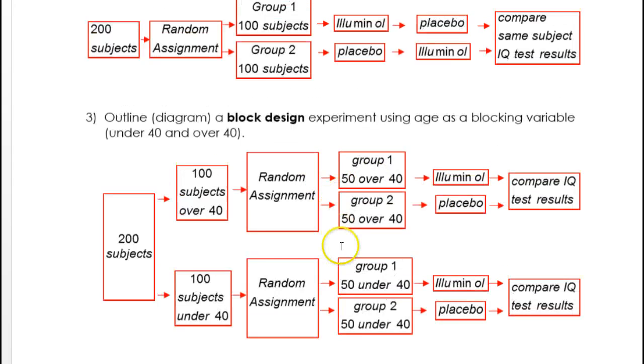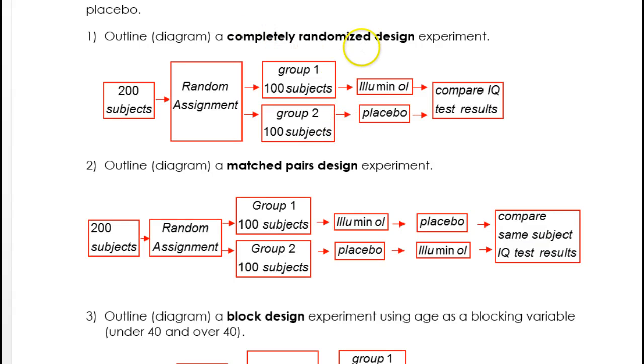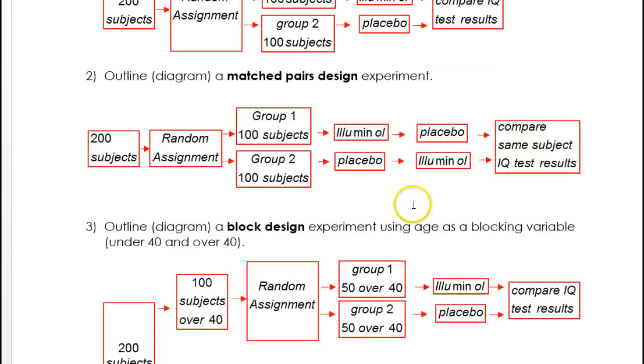The final design is called block design. If you compare block design with the original completely randomized design, it's the same thing except there's two of them.